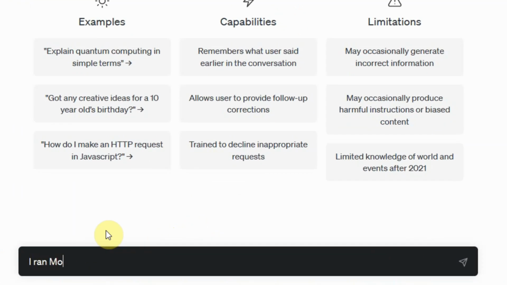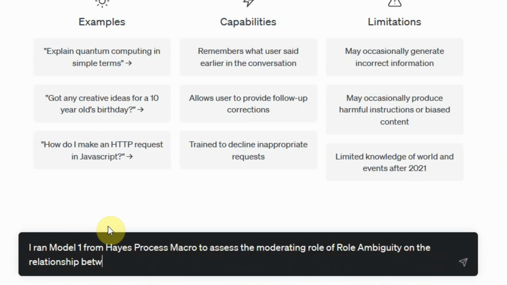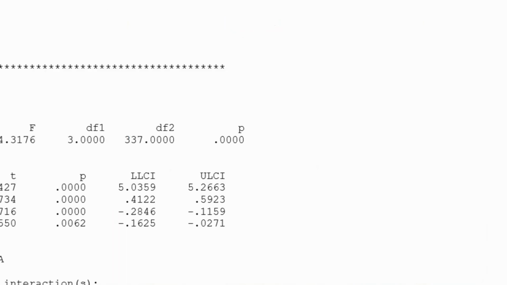I ran Model 1 from Hayes's PROCESS macro to assess the moderating role of role ambiguity on the relationship between culture and performance. Following are the results. So you give the results to ChatGPT. Let's see how we can give the results.